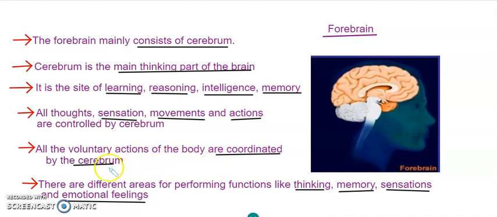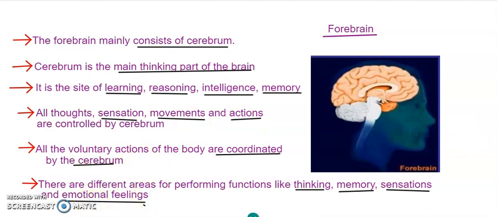There are different areas for performing functions: thinking is a different lobe, memory is concerned with a different lobe, sensation and emotional feelings. So the cerebrum is the main thinking part of the body, and there are various functions carried out by it: learning, reasoning, intelligence, memory, sensation, movement, actions, all voluntary actions, emotional feelings.